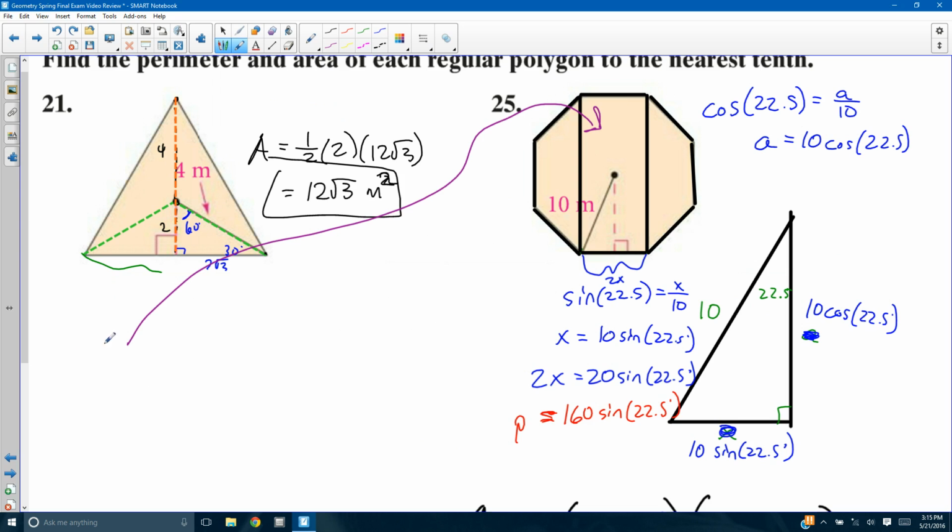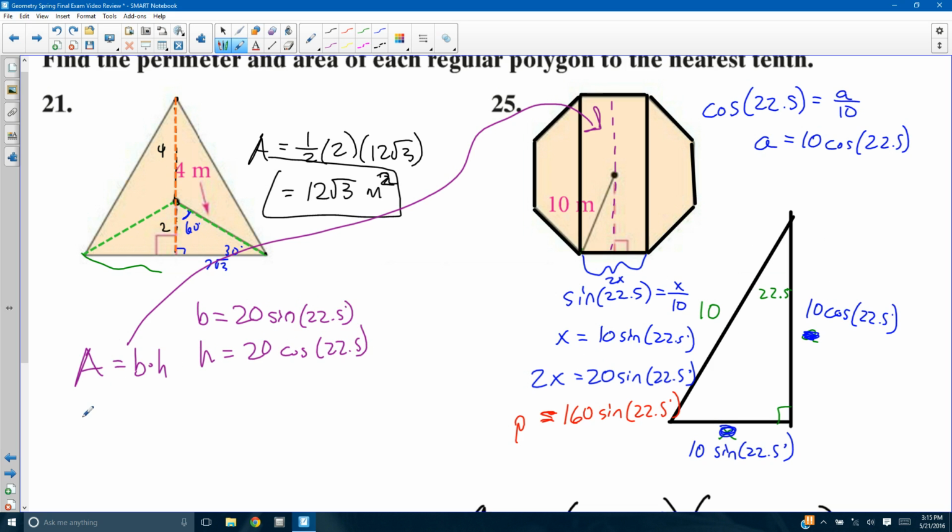So, first of all, rectangle area in purple. All right, area of a rectangle is base times height. Okay, the base is 2x, which apparently is 20 times the sine of 22.5. Okay, the height right here is 1 apothem plus another apothem. It's 10 cosine 22.5 plus 10 cosine 22.5, which is 20 cosine 22.5.